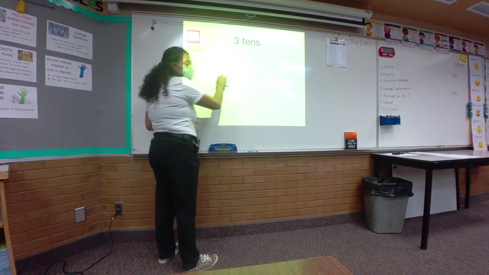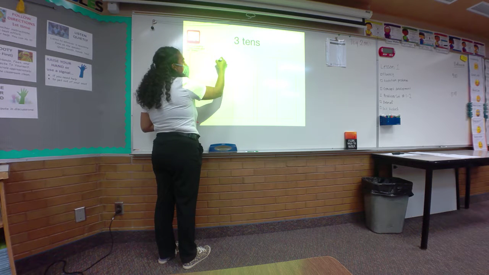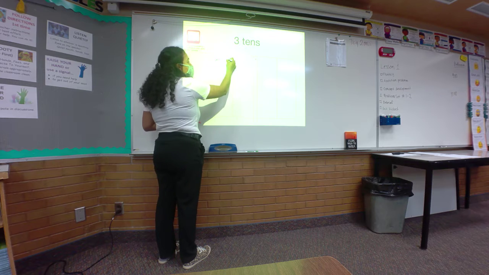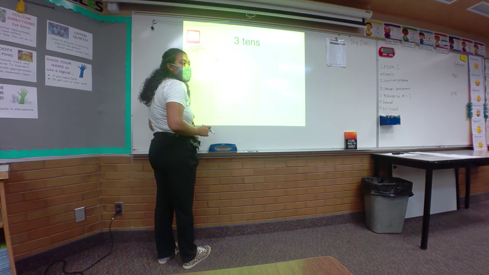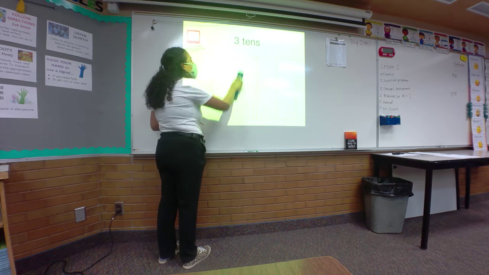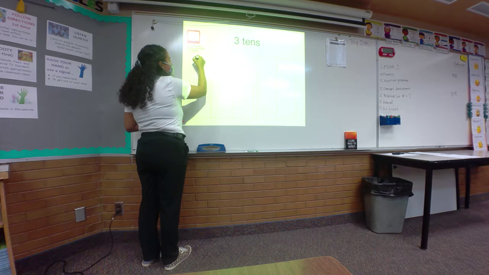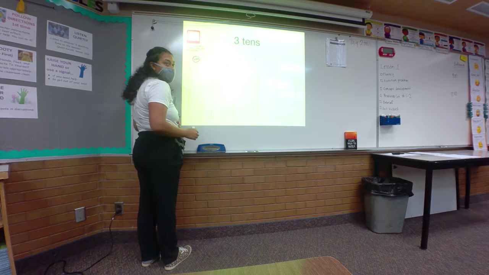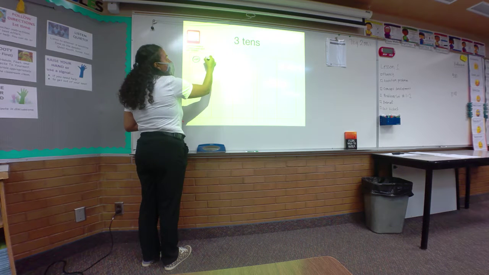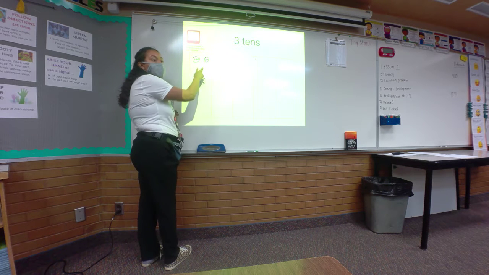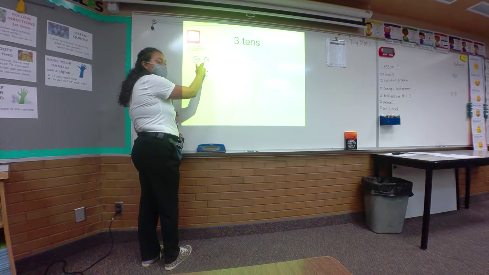So for tens, it would be a disc and a 10. A disc and a 10. Okay? So for hundreds, we would have a disc and 100. A disc and 100. So here we would have 200.